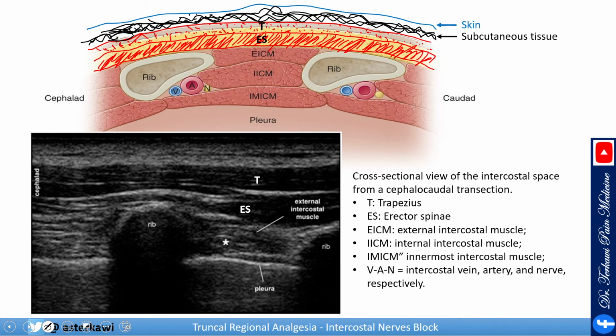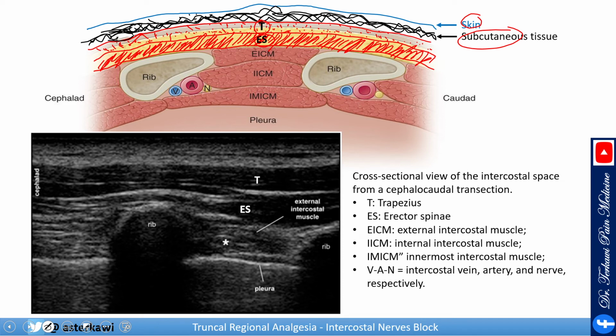Now, let's look at this picture. So starting from above, you have the skin, under the skin, the subcutaneous tissue, and then you have the trapezius muscle here, and erector spinae muscle, and then you have the external intercostal muscle, underneath that the internal intercostal muscle, and the innermost is the innermost intercostal muscle.